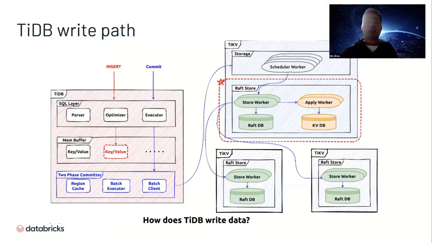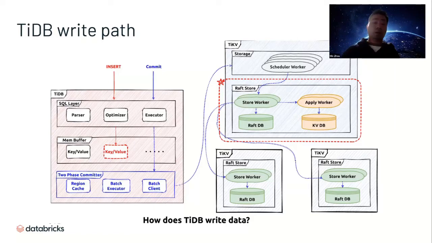And inside of TiKV, you can see from the right side, there are a bunch of worker groups, a schedule worker and a storage worker. And between the workers, there are some queues. Then the storage worker will write data into 2 places. The first place is the raft log.